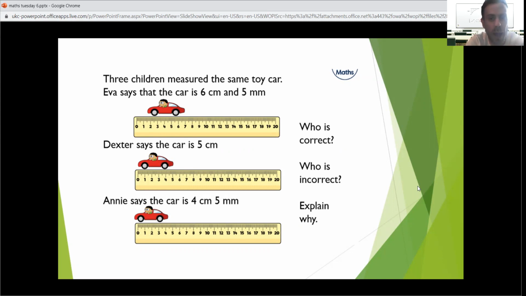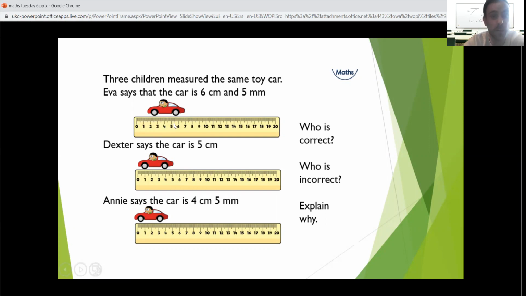What I'm going to tell you as well, there's going to be more about this today. There are 10 millimeters in 1 centimeter. Okay, so when you look at the ruler, this is in centimeters, you've got 0 centimeters, 1 centimeter. All these tiny little lines in here are the millimeters, and there are 10 millimeters in 1 centimeter.